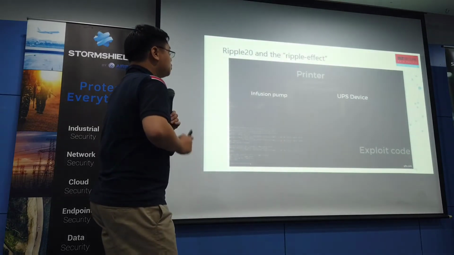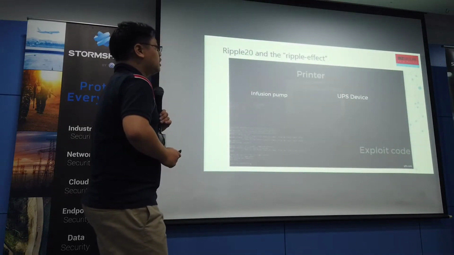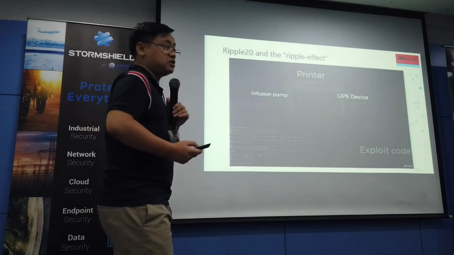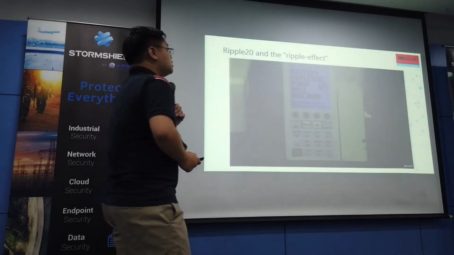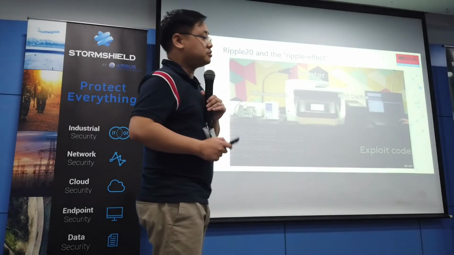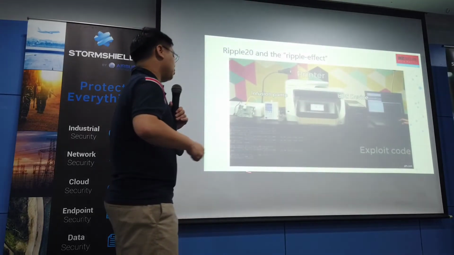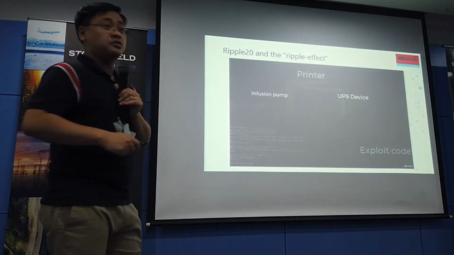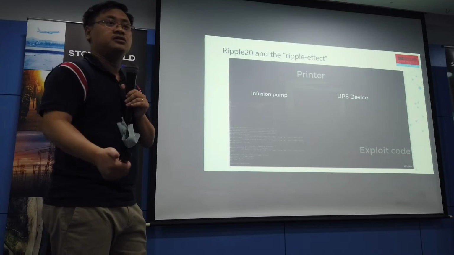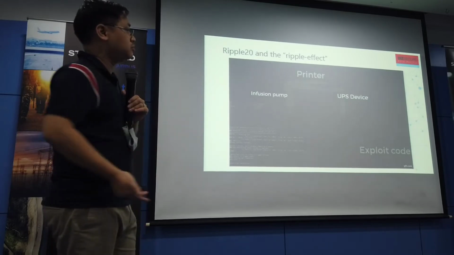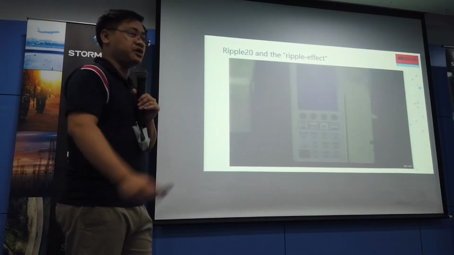So, with Ripple 20, what you can do is remote code execution. From a single command that you have here, you cannot really see, but from a single command, you can shut down everything. Lights, plug, printer, the UPS device, you can shut down everything.